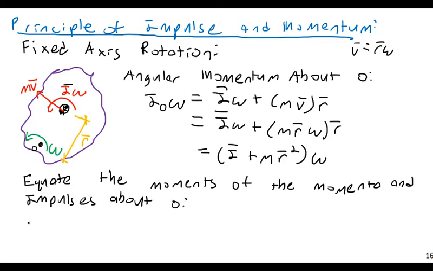I would say that I_O omega 1 plus the sum of the integral from t1 to t2 of M_O dt is equal to I_O omega 2.